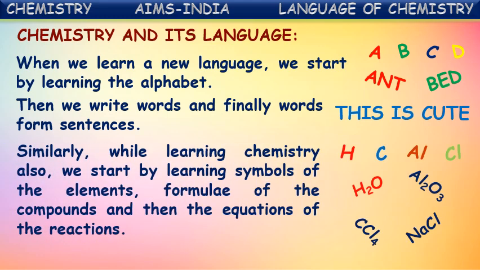Suppose when we start learning in our early stage, in pre-primary or primary classes, first we start with identifying the alphabets. This is A, this is B, this is C, identification, and then learning how to write A, how to write B, and then words, and then sentences.